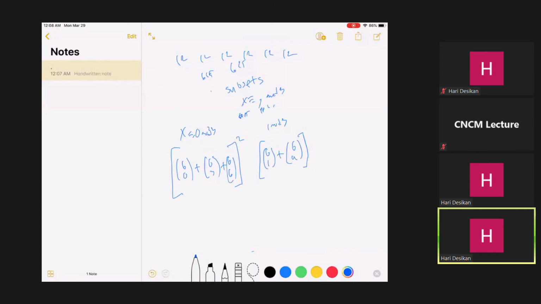If you have one number that's 1 mod 3, then we can have one number that's 2 mod 3. So if you square this, you'll end up getting 6 choose 1 plus 6 choose 4, which is 15 plus 6, 21 squared, which is 441.